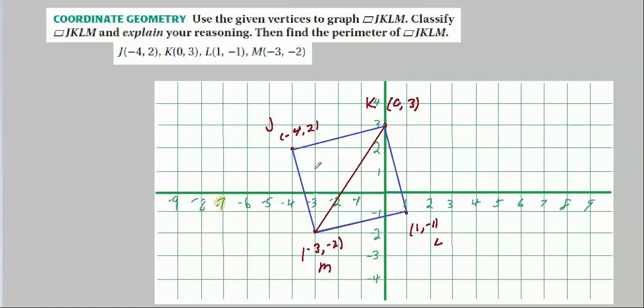If they intersect at 90 degrees, then we have a rectangle and a rhombus, which would be a square. If they bisect each other, but they're not congruent, then we have a rhombus. But I think it's easier to just check the slope of these 2 lines right off the bat and see if this is a 90-degree angle, in which case we don't have to check.